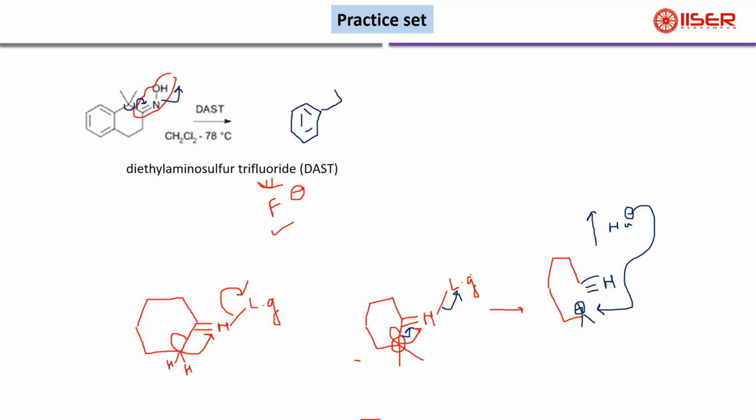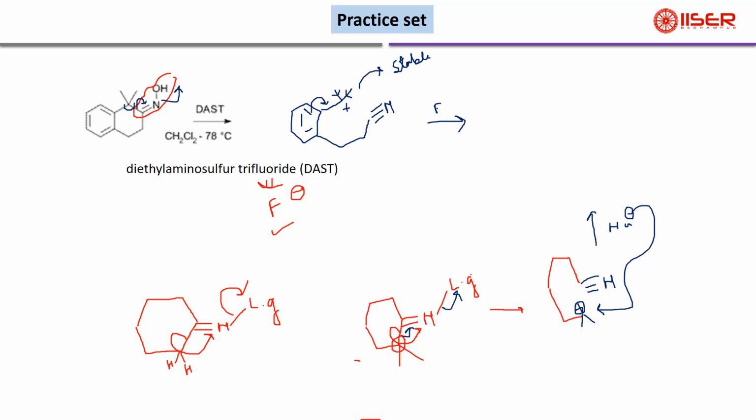You know benzylic carbocations are stable. Also they are tertiary, so they are stable through hyperconjugation. This carbocation is highly stable because of the hyperconjugation of the methyl group and also the resonance of the phenyl group.